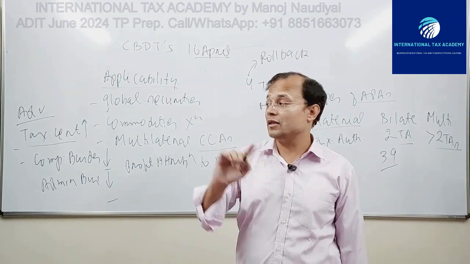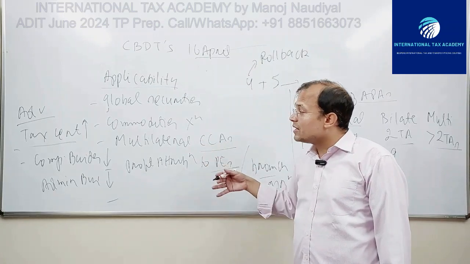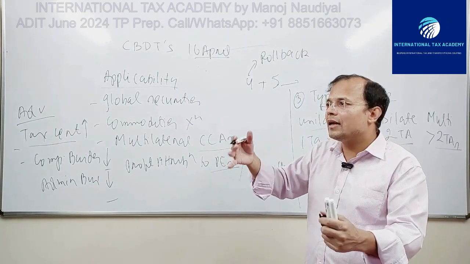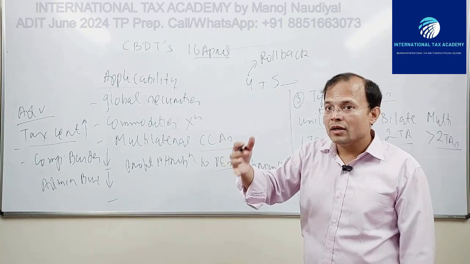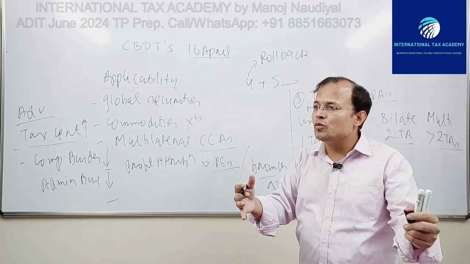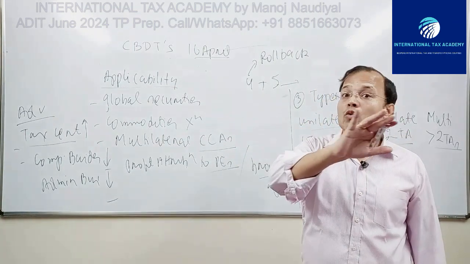one of the most important, probably the most important, is that because of this, the chances of entering into TP disputes, of having a costly, time consuming and resource consuming TP litigation, are minimized to a very large extent.